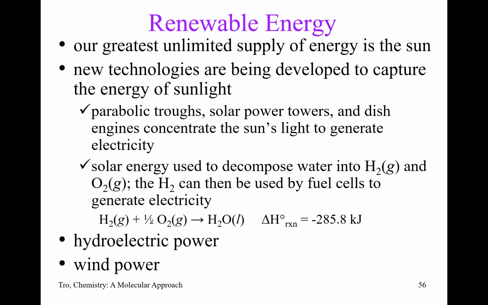Now, the oxygen you don't really care about because it's in the air anyway. And then the fuel cell is basically a battery, an electronic version of combustion, where you combine hydrogen with oxygen and you get this energy back out. The problem with this is that hydrogen gas is flammable and very light.